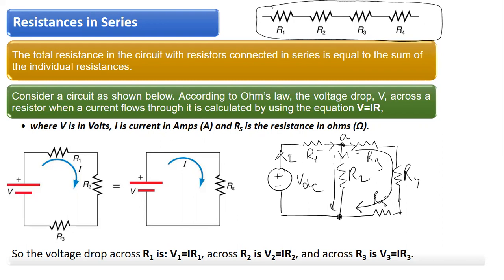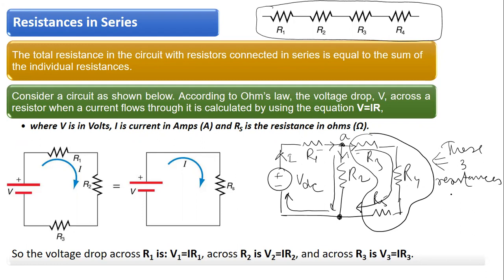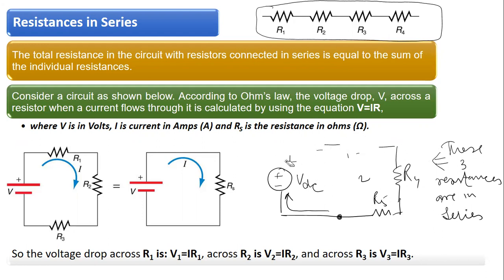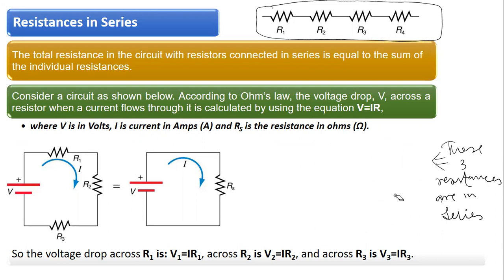These two currents will meet at the junction and you have the same current here. Okay. Now, because R3, R4 and R5 are sharing the same current, we will call these three resistances in series, right? Now the purpose is to understand what would be the equivalent resistance across any two terminals if n number of resistances are connected in series.